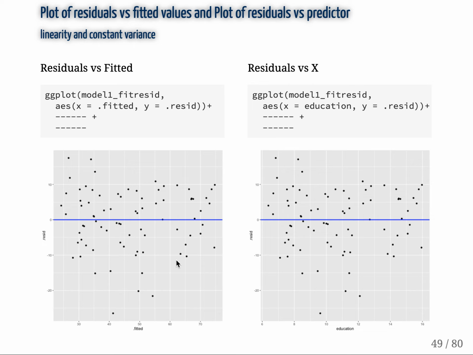We can see from this plot here the average of residuals remains approximately 0. Residuals are contained in a horizontal band, indicating constant variance.